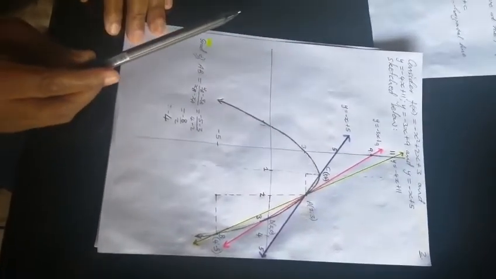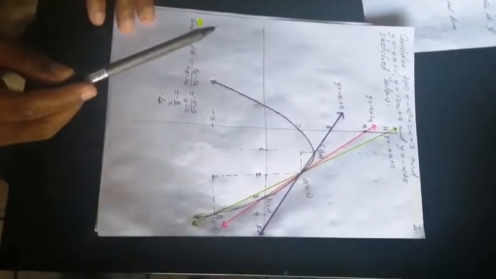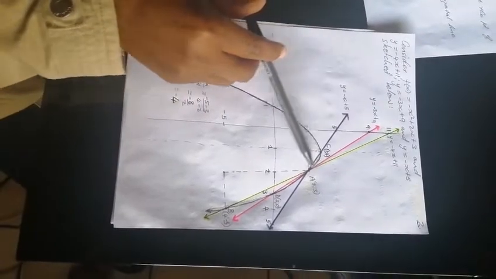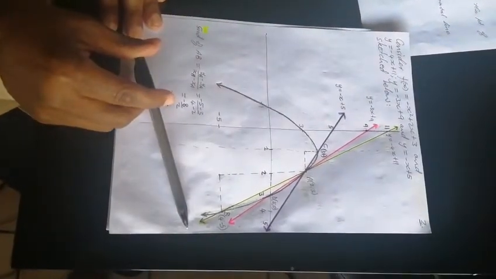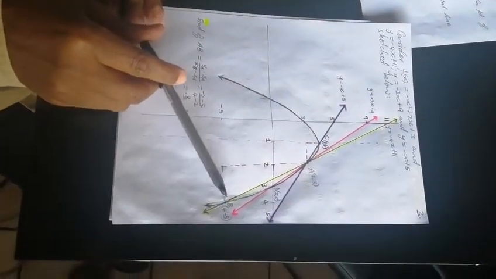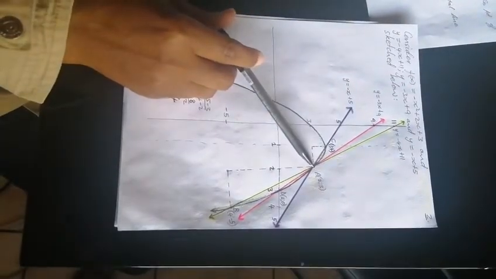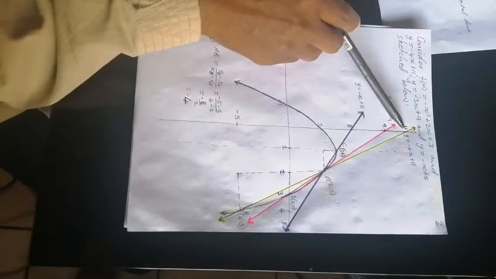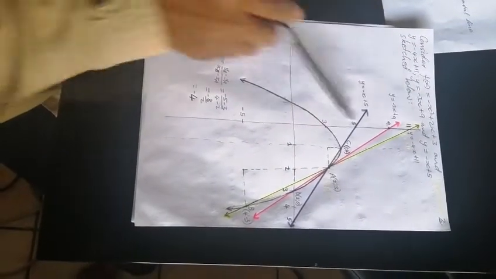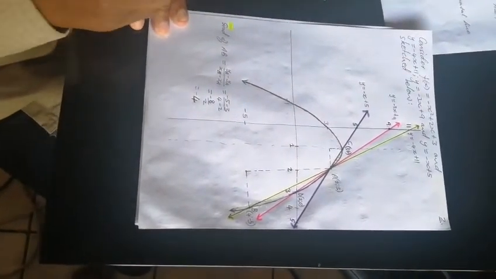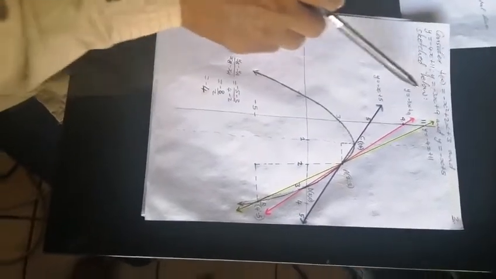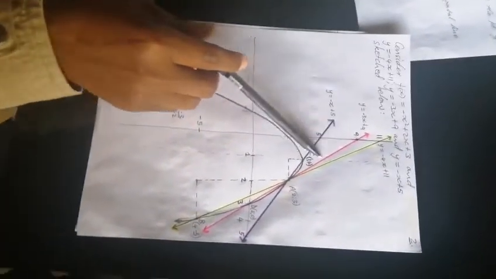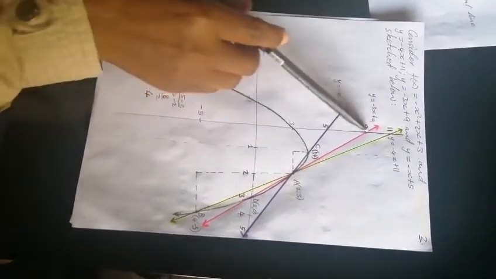Now we have lines y is equal to minus 4x plus 11. It is the yellow graph, which is a straight line, and it passes through B as well as A, and also passing through the point 11 on the y-axis. And if you look at y equal to minus 3x plus 9, it is the red graph.